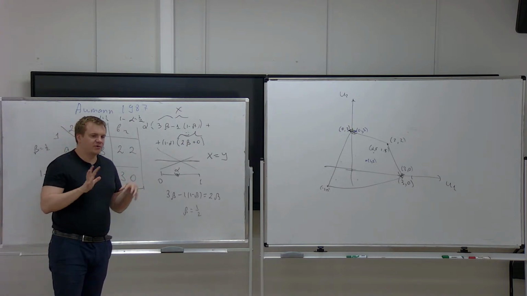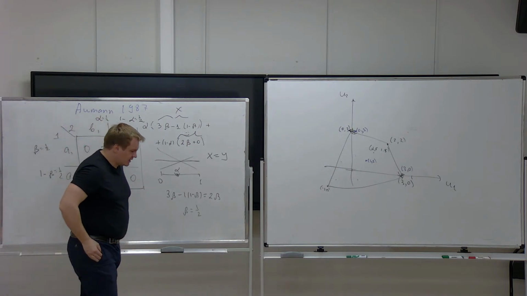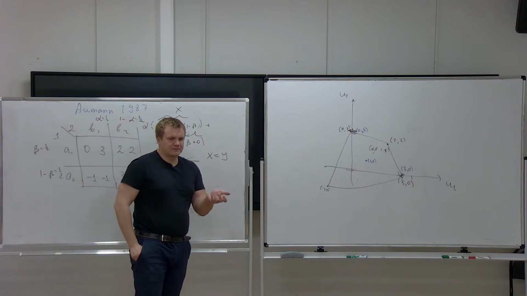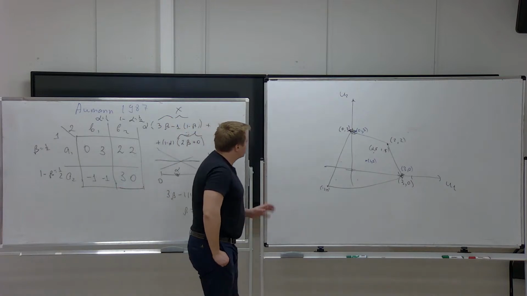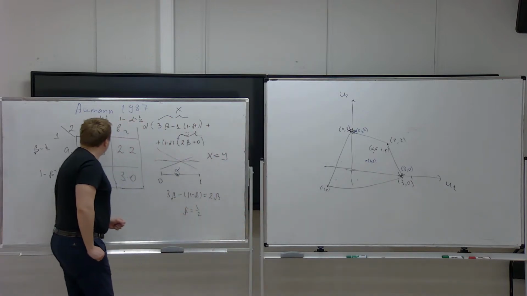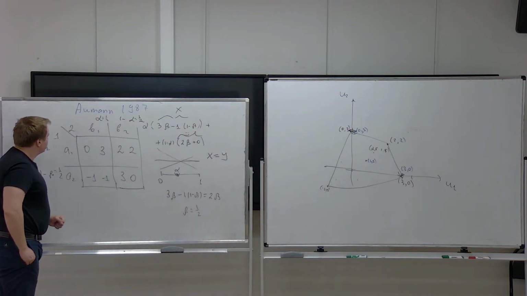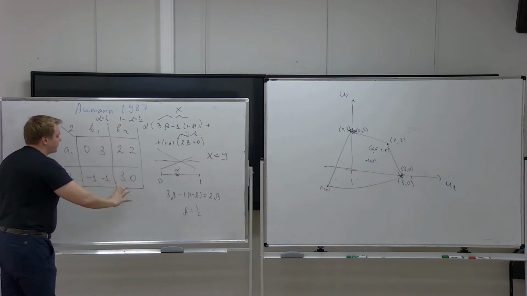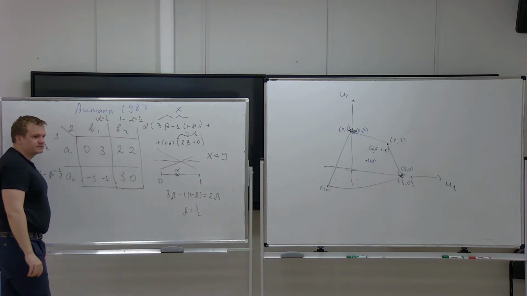For example, maybe I can do the following thing. I flip a coin first, and it's a fair coin. And I tell you, look, I look at the coin and I see that it's heads, you should play this pure strategy in equilibrium. And if it's tails, you should play this one.